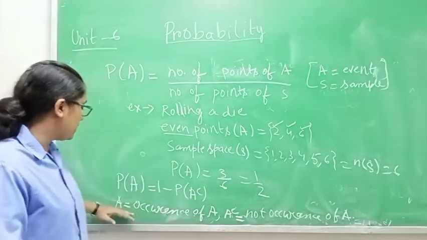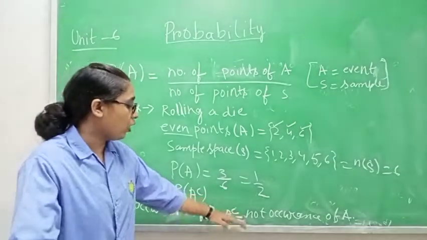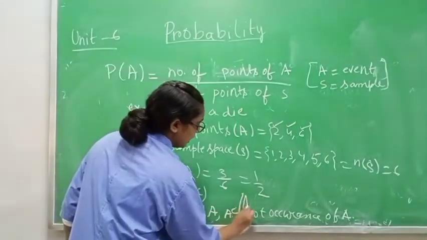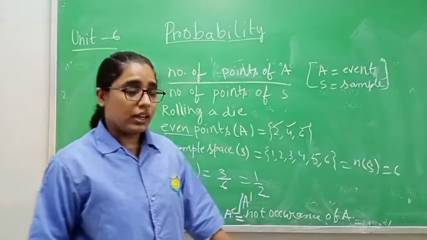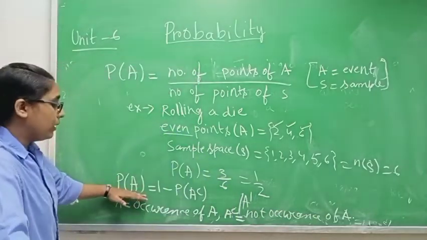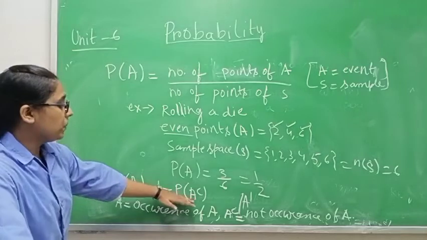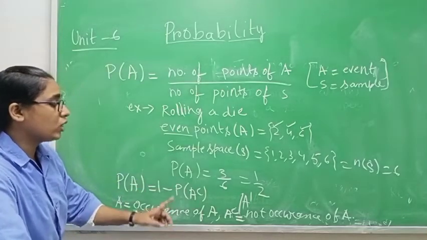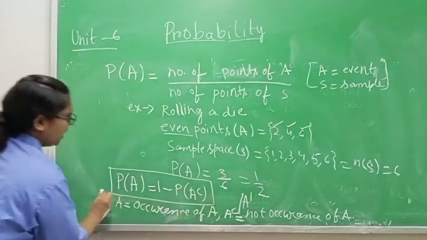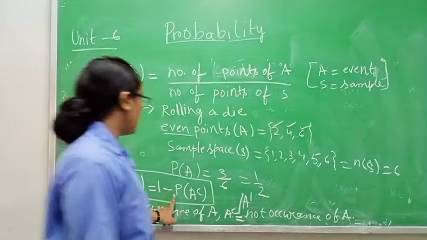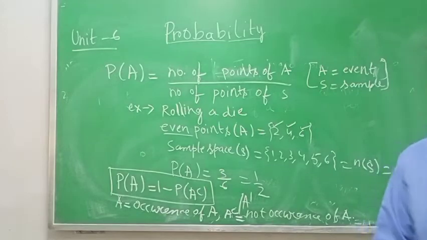A complement means the non-occurrence of A, and sometimes it is also written as A dash. So P(A) means the probability of occurrence of A and P(A complement) means non-occurrence of A. So the formula is P(A) equals 1 minus P(A complement). Copy this one.